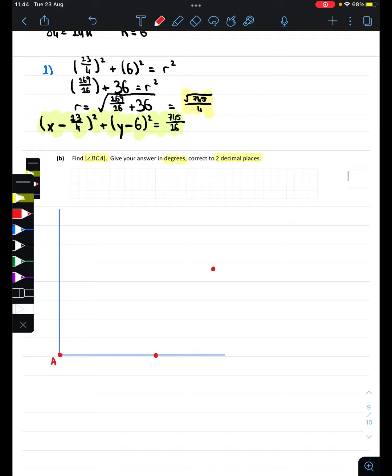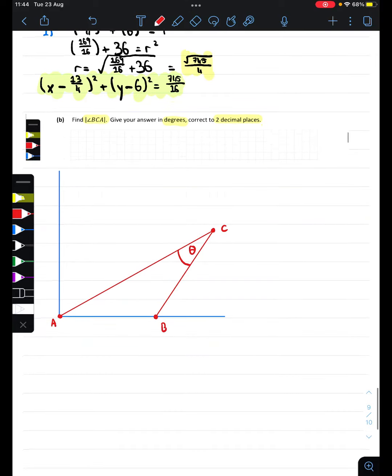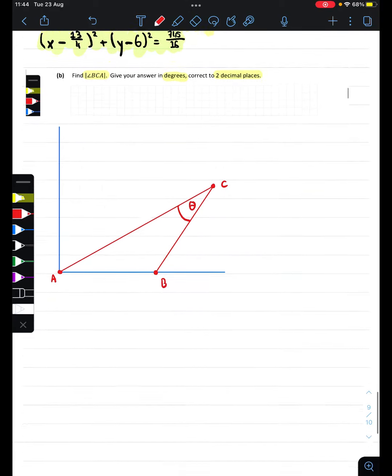Okay, and so this is C and this is B, and so we're looking for this angle BCA. So this is our theta. We're looking for this angle theta. So just visualizing it, that might make it easier.